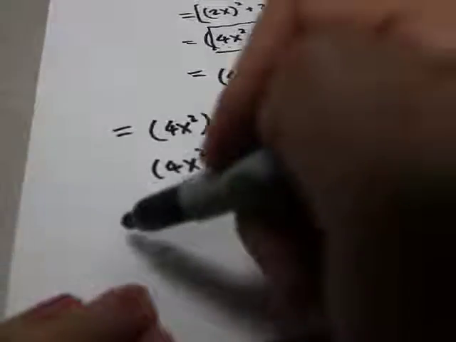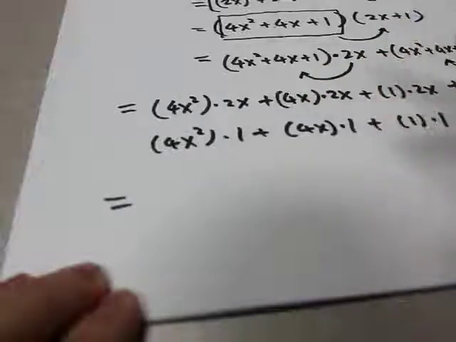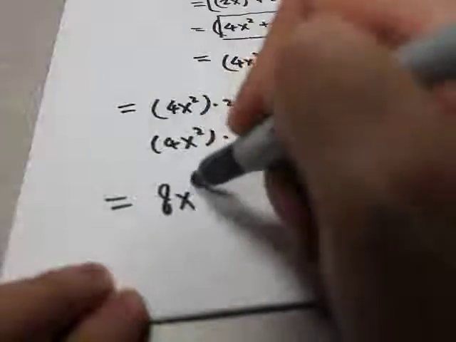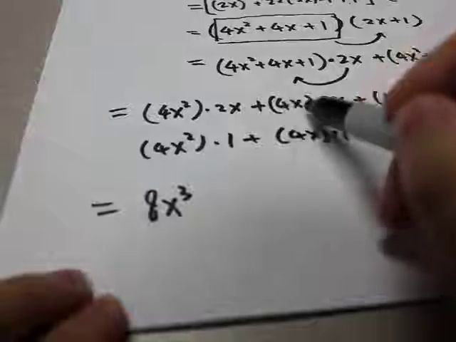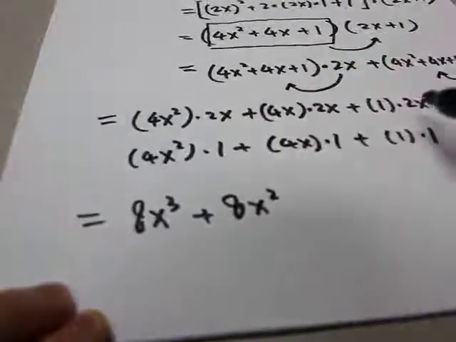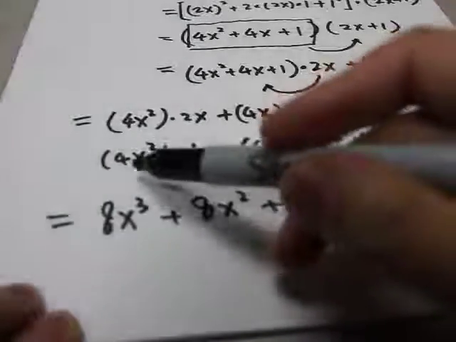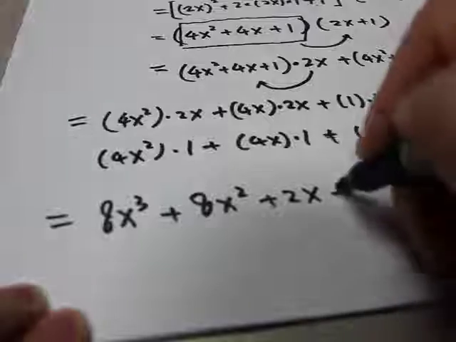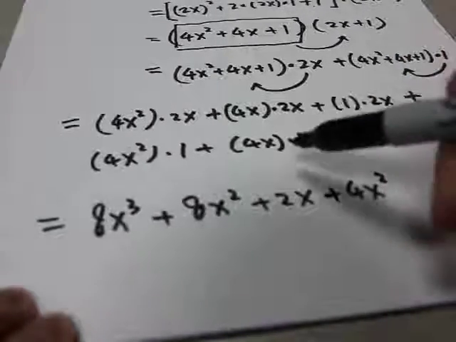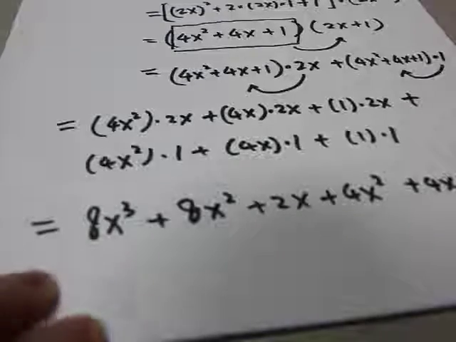Now 4x squared times 2x, we have 8x to the third. 4x times 2x, we have 8x squared. 1 times 2x is 2x. 4x squared times 1 is 4x squared. 4x times 1 is 4x. 1 times 1 is 1.